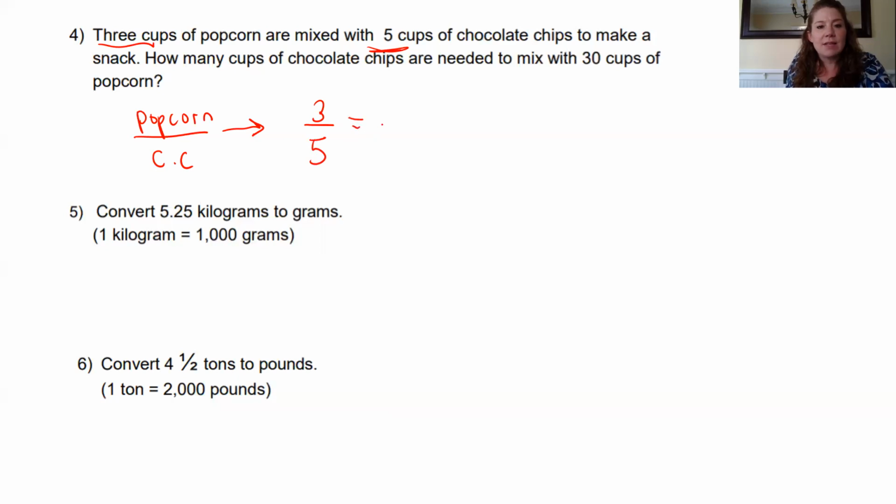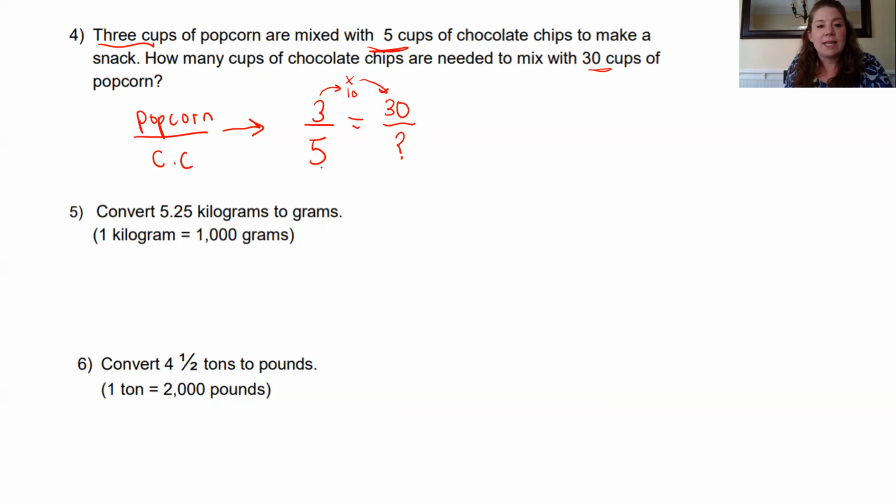Then they want to know, if I have 30 cups of popcorn, how many cups of chocolate chips? So that goes on the top, right? Because that's where my popcorn is. Well, what do I do to 3 to get 30? I can multiply 3 by 10 to get 30.